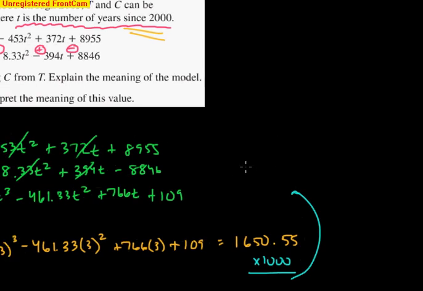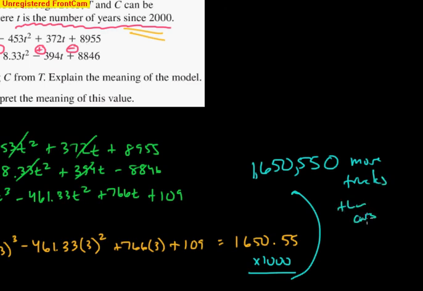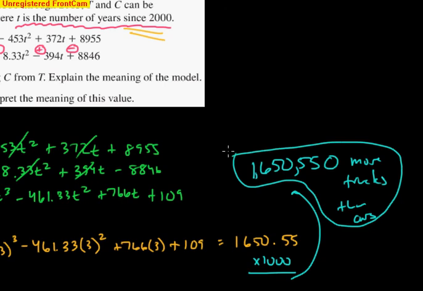Just move the decimal 3 places to the right. 1,650,550. And that would be more trucks than cars. And that's what this answer means. There are 1,650,550 more trucks than cars.